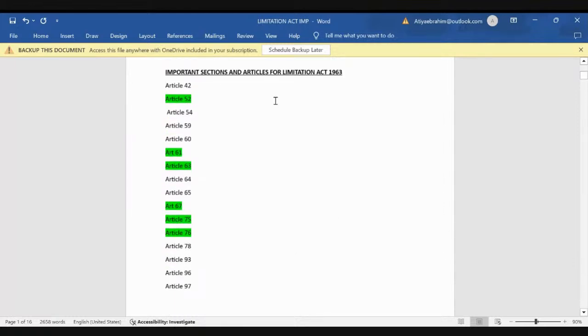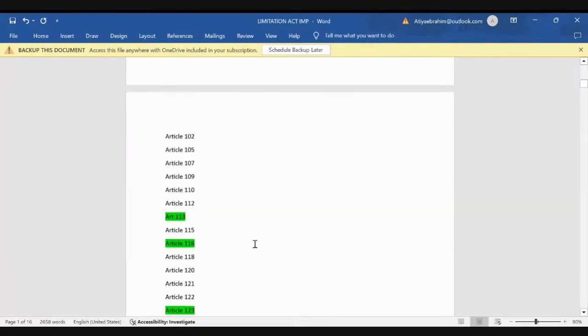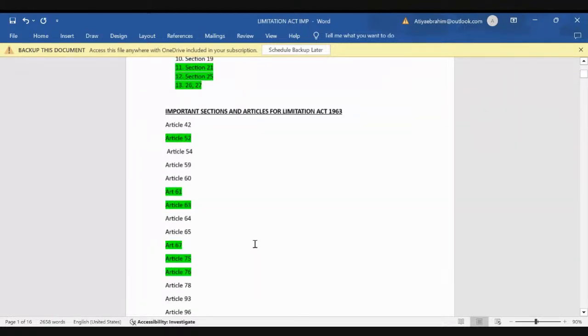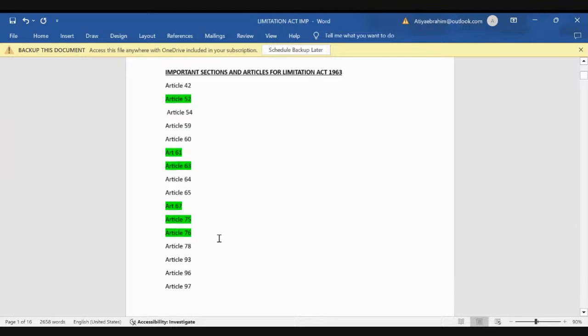Which are the important articles in the schedule, right? So there are some which I have already written here, but still I'm repeating. Article 42, 52, 54, 59, 60, 61, 63, 64, 65, 67.